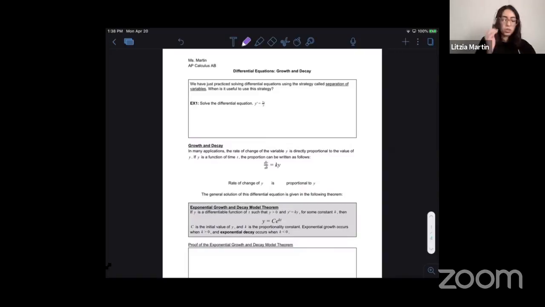Okay, so growth and decay is the name of the topic today. And we kind of started out discussing coronavirus. And remember, we did that COVID-19 worksheet where you had to come up with the exponential equations that represented the change in people who are infected.